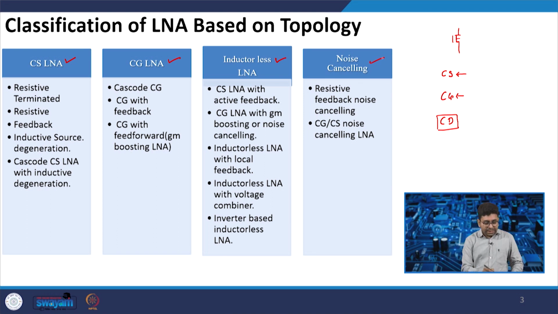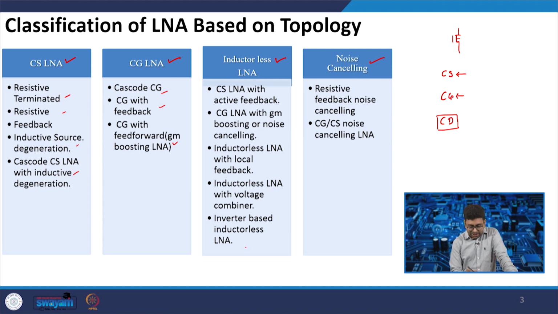In common source, we will try to see resistive feedback, inductive source degeneration, and the cascode common source LNA with inductive degeneration. We will also see the cascode common gate, then common gate with feedback, and common gate with feedforward. So, all the common gate: the basic common gate configuration, and then inductorless configurations.